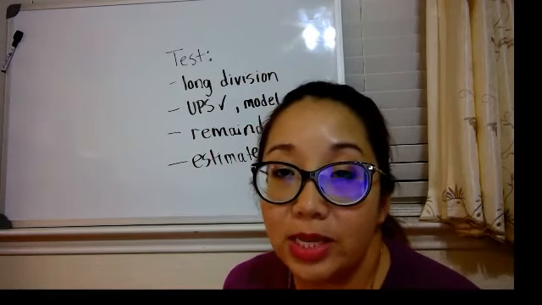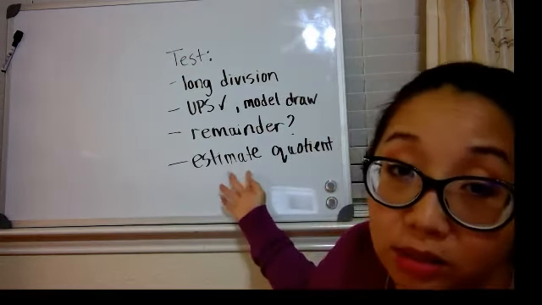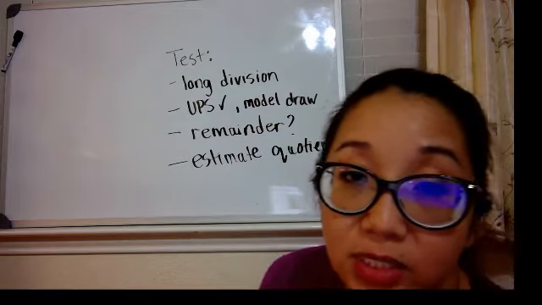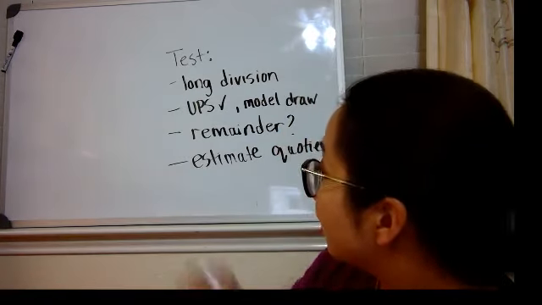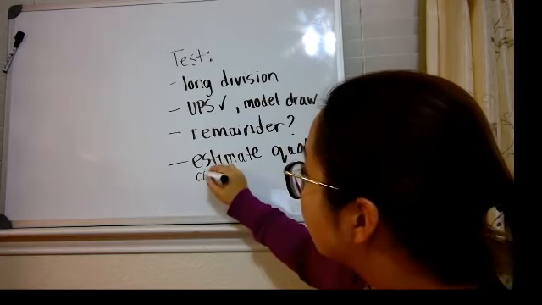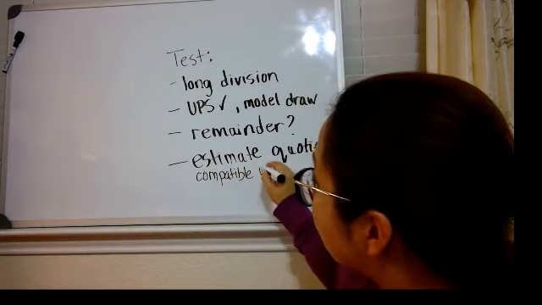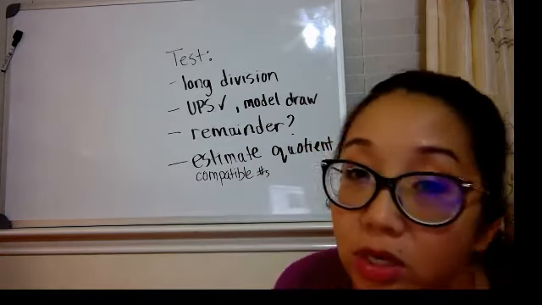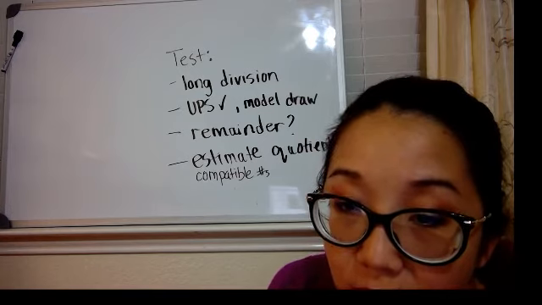Go over the problems that you already have. Double check your estimation skills, finding compatible numbers. Okay? I'll write that up here too. So just kind of refresh your memory a little bit. You guys should be okay.